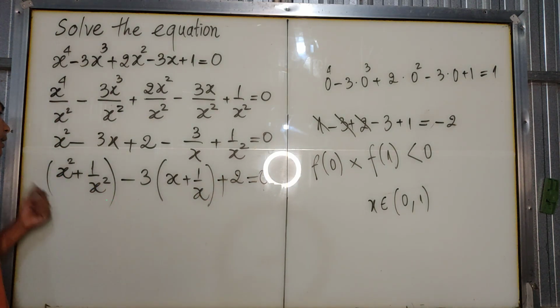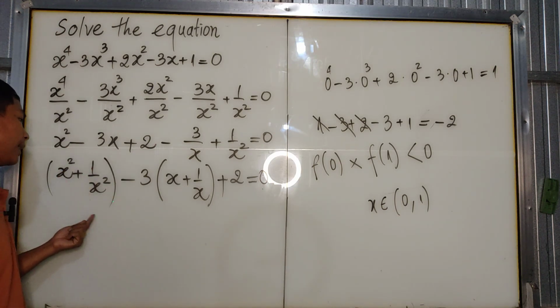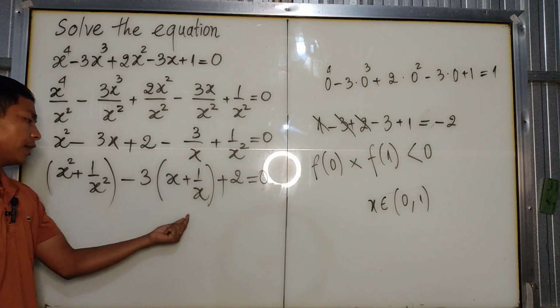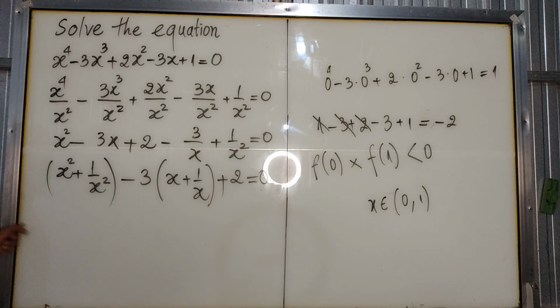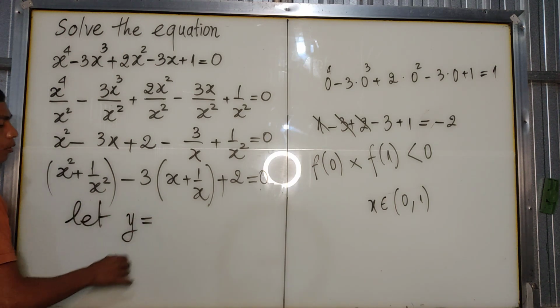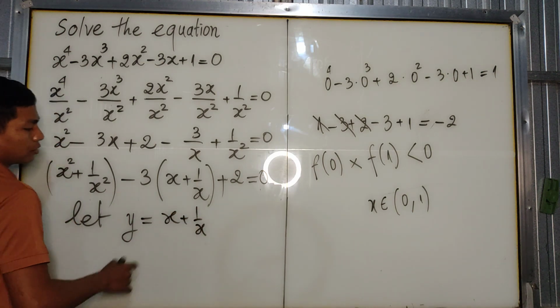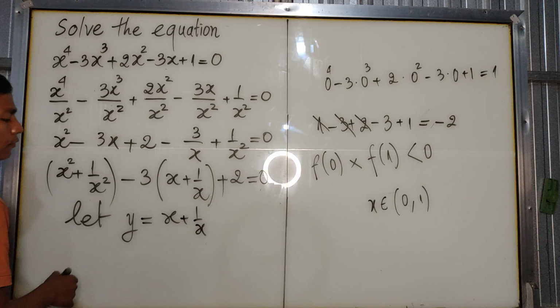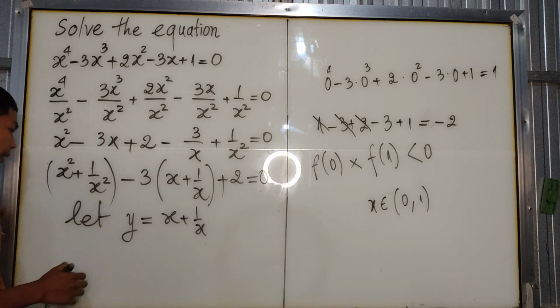Okay, now let's see. We have x squared plus 1 over x squared and x plus 1 over x. So to solve this, I let y equal x plus 1 over x.